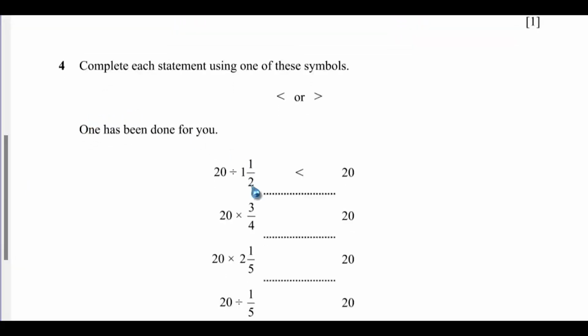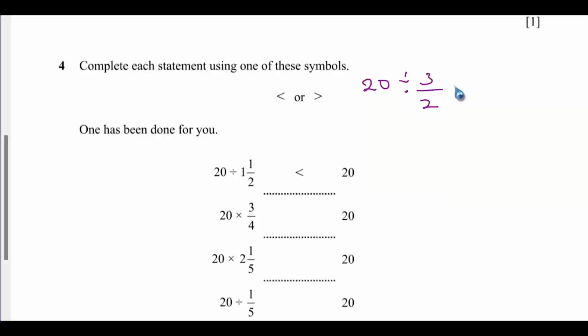Here you have 20 divided by 1 whole 1 out of 2. Will it be less than 20? Let me show you a trick you can use here. You have 20 divided by 1 whole 1 out of 2, which is the same as 2 times 1, 2, plus 1, 3, so 3 over 2.